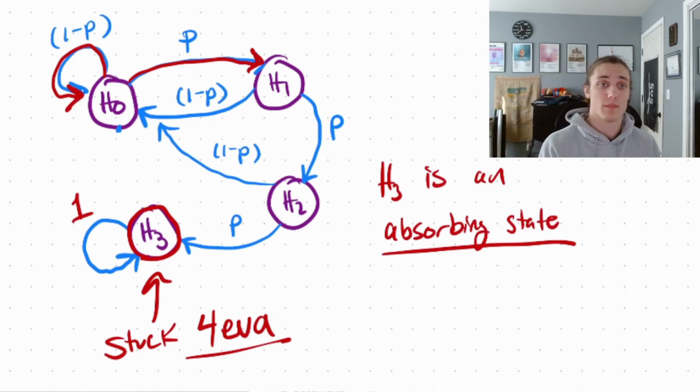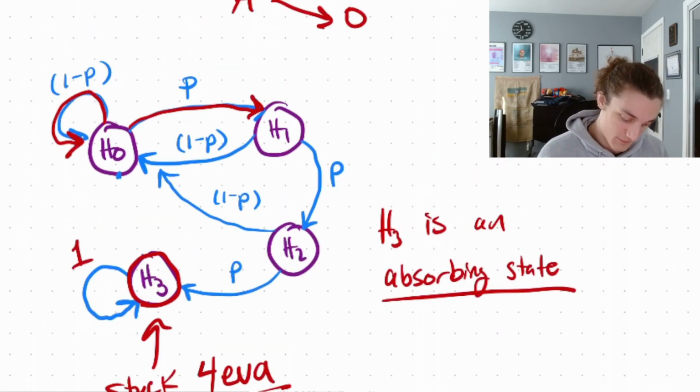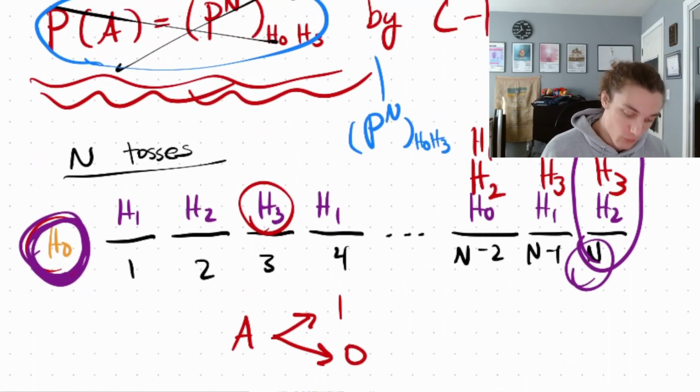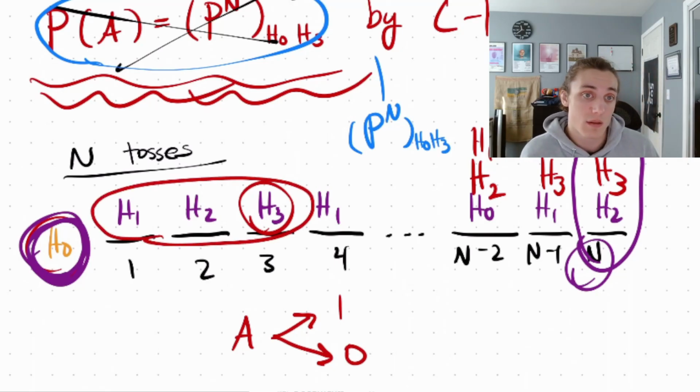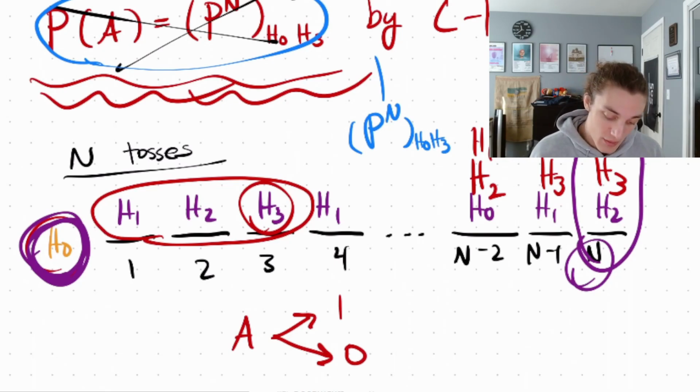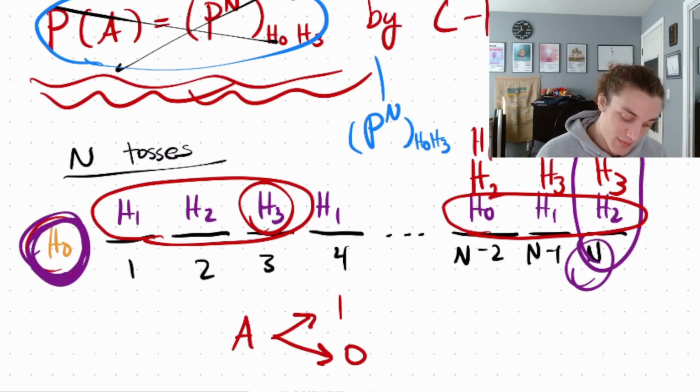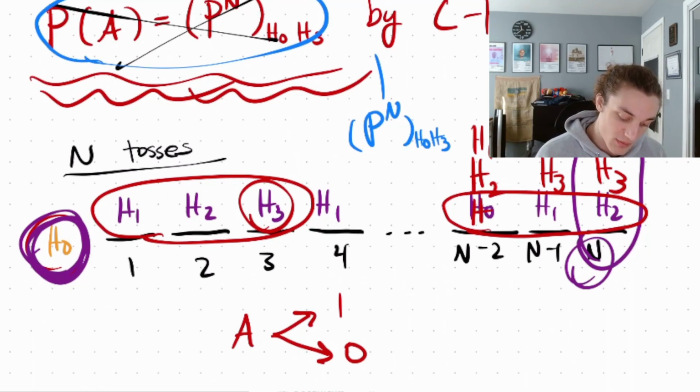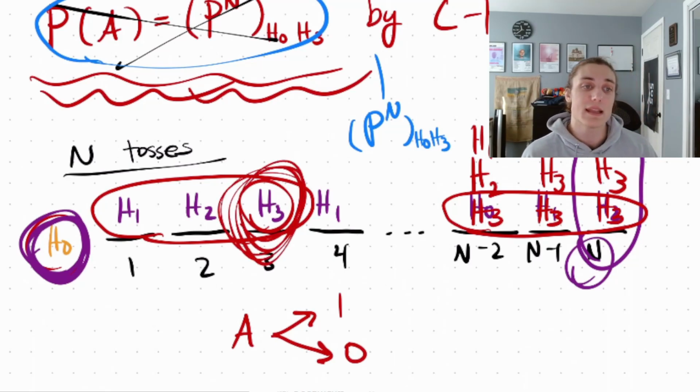Why is this useful? Because now we can go ahead and capture early on. If we saw H1, H2, H3 early, then it doesn't matter what we see over here. It's going to be fixed. These are going to have to be H3, H3, H3, because once it hit here, we can't leave that state.